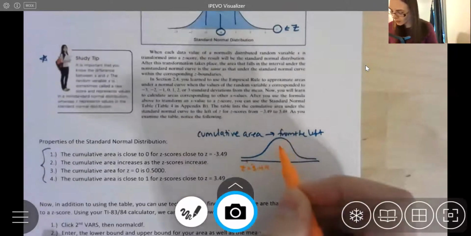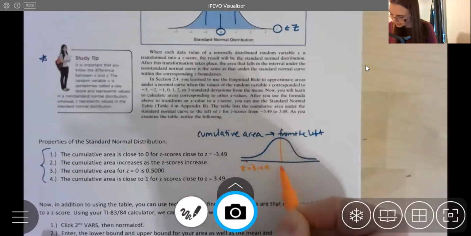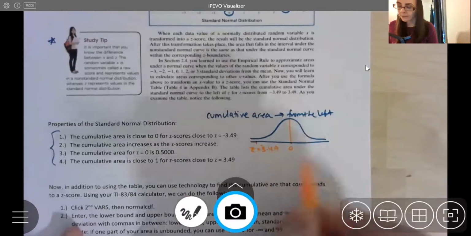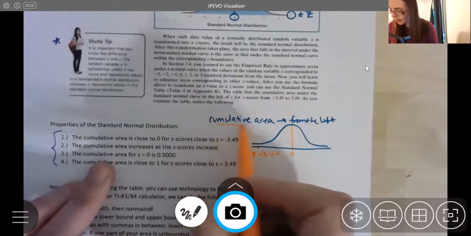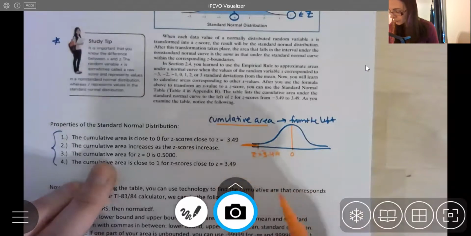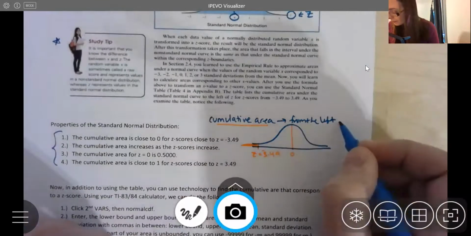So when you have your standard normal curve, that center is at 0. So your negatives are on the left and your positives are on the right for the z-scores. So when we're talking about a cumulative area, they mean from the left. So they mean this area coming in from the left under the curve.